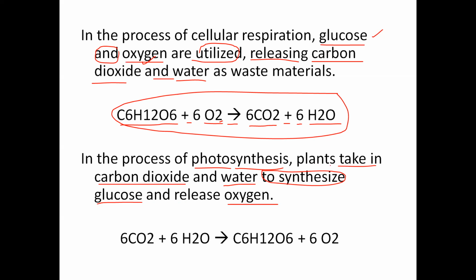So this will be the chemical equation. So in the process of photosynthesis, plants take in carbon dioxide, so that will be 6 molecules of carbon dioxide, and the plus sign, water, so 6 molecules of water, to synthesize, okay, glucose, and the plus sign, also release oxygen, 6 molecules of oxygen gas.